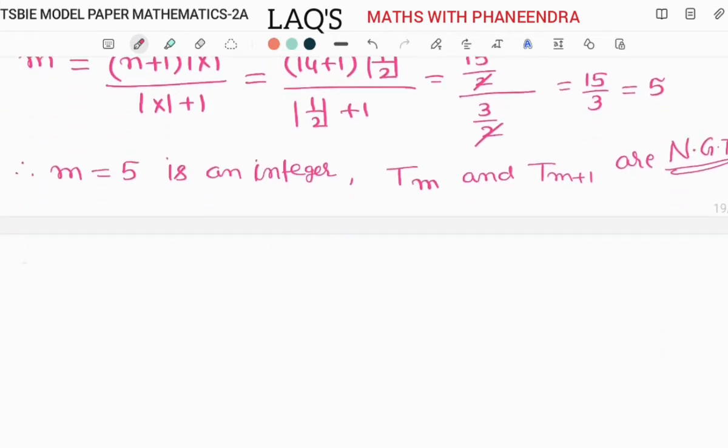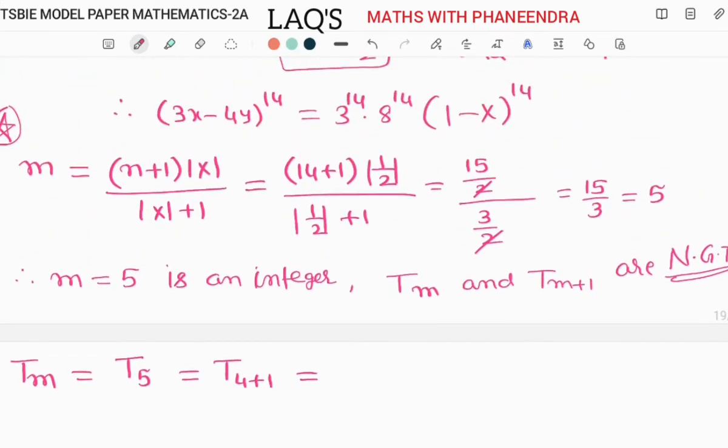So tm, that is case 1, t5. t5 can be written as t4 plus 1 only, no? It is in the form of tr plus 1. So we know how to write nCr plus 1. So here the expansion is, we already wrote, 3x minus 4y whole power 14.